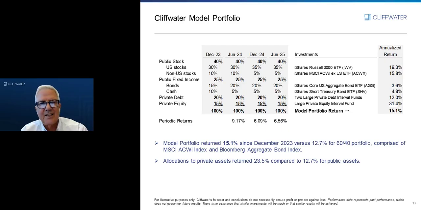So in public stocks, 40%. As you can see, we're heavily weighted to U.S. stocks. Part of that also is, the world has become an unsafe place. What do I mean by that?